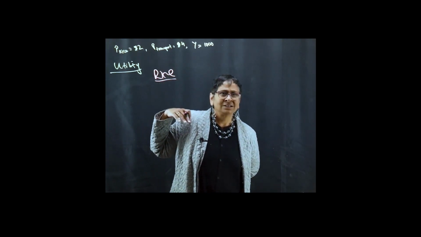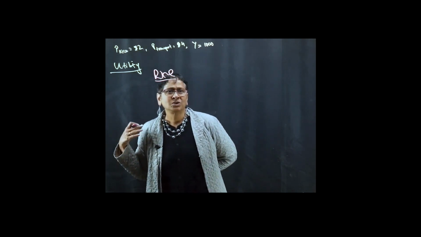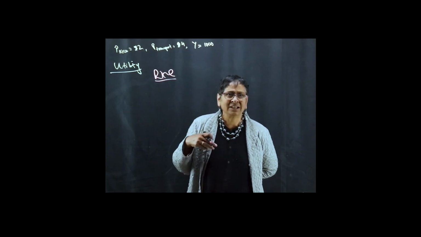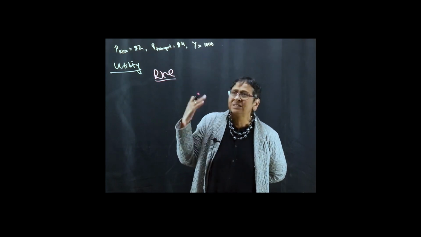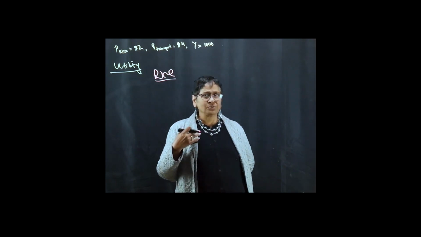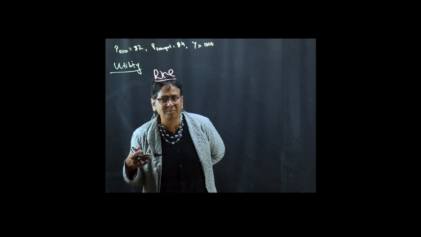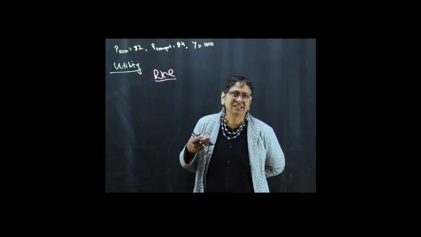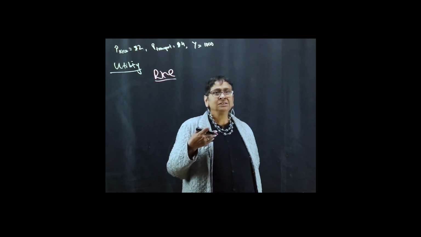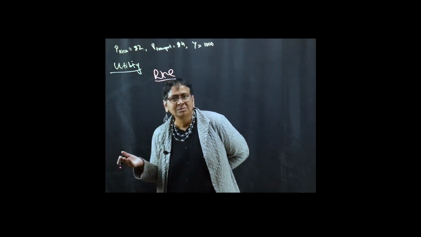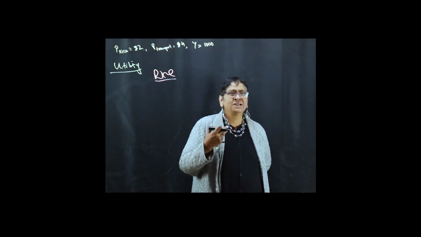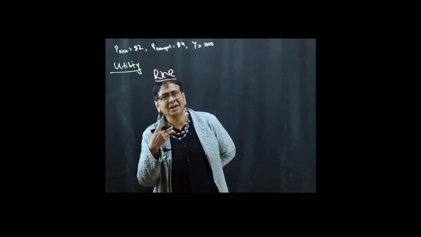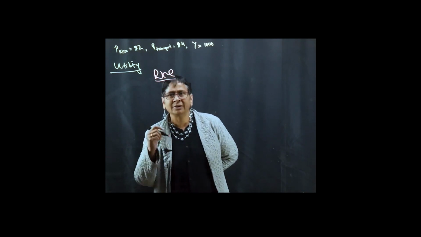If you had 2 bushels of rice, you would value it at 1,800 utility, and so on, right? Similarly, for transport, if you had 1 kilometer of transport, you might value it at 100 utility. If you had 2 of transport, you might value it at 180 utility, and so on, right?